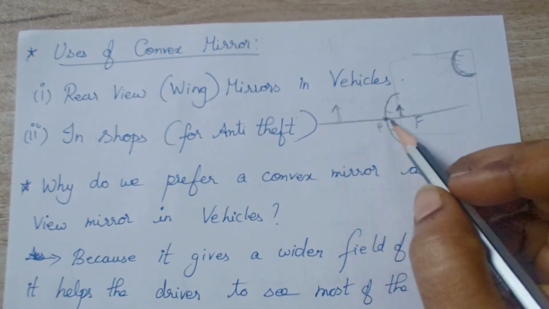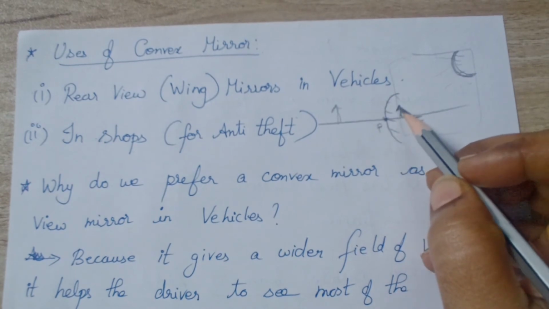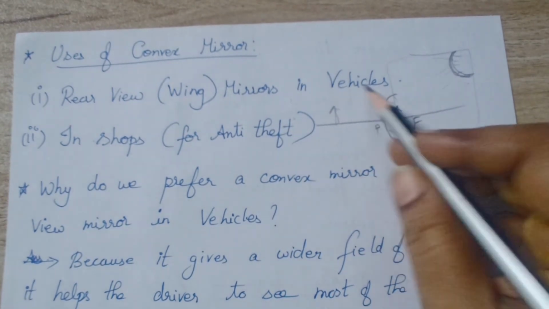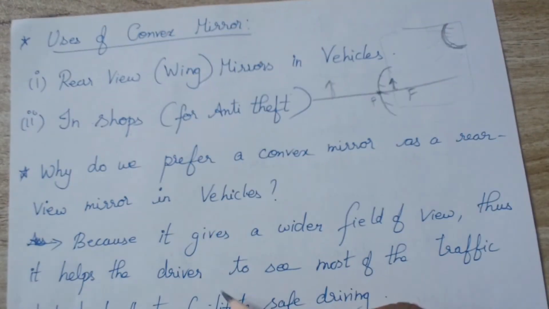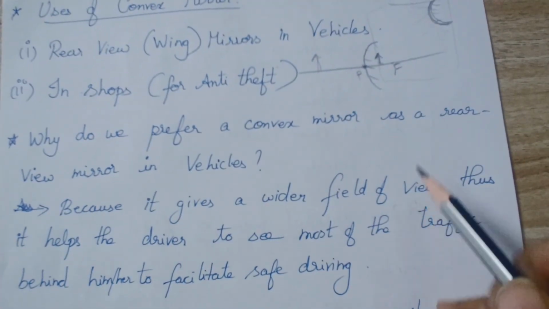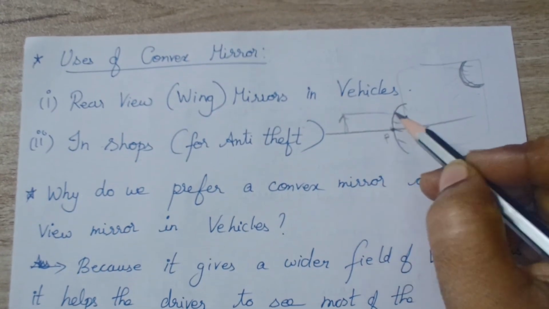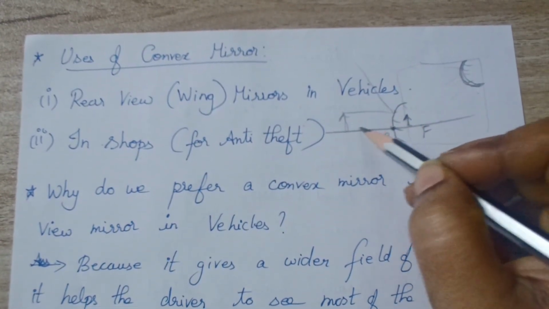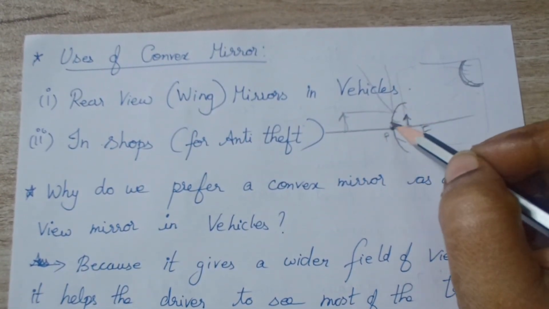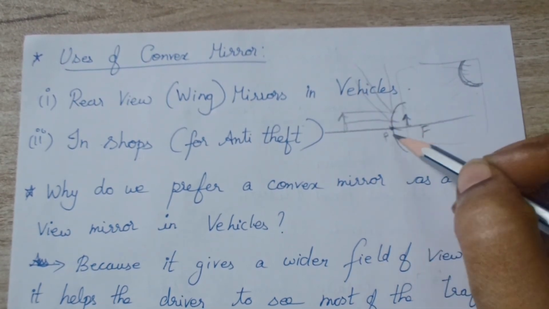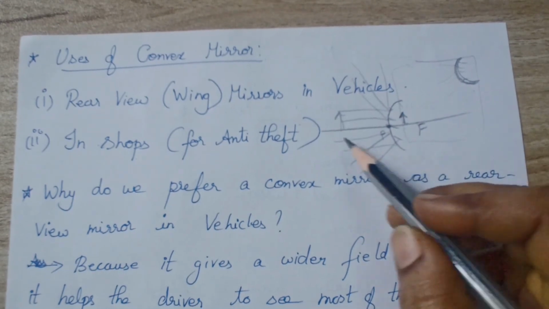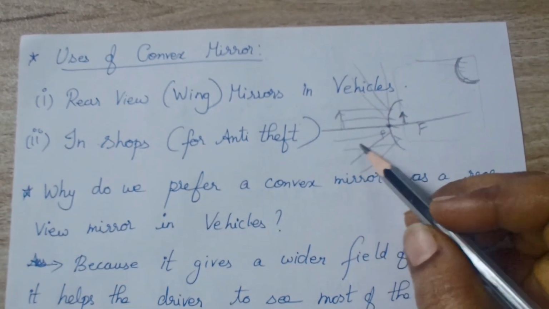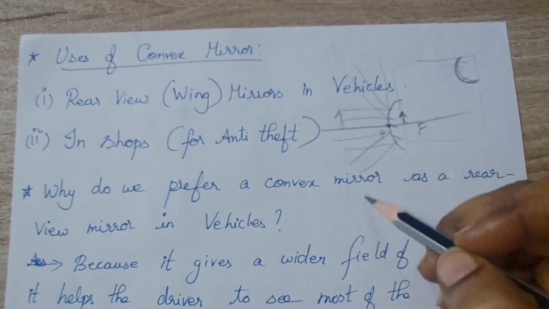So you can get the full image of the object in a diminished size, and it covers a wider range. Because it gives a wider field of view, because you will get a diverging light. Whenever it strikes, it will diverge like this, because from infinity or between infinity and the pole, you will get the diverging effect.